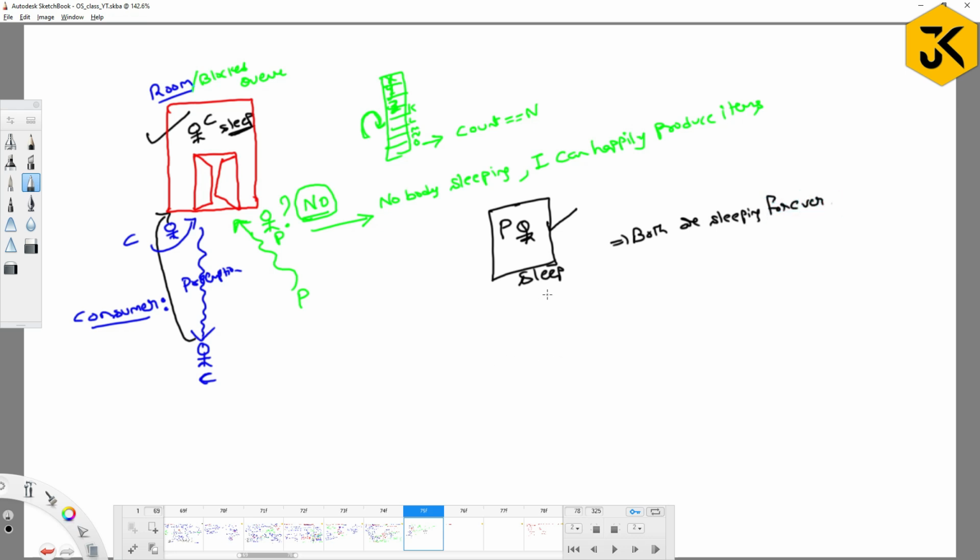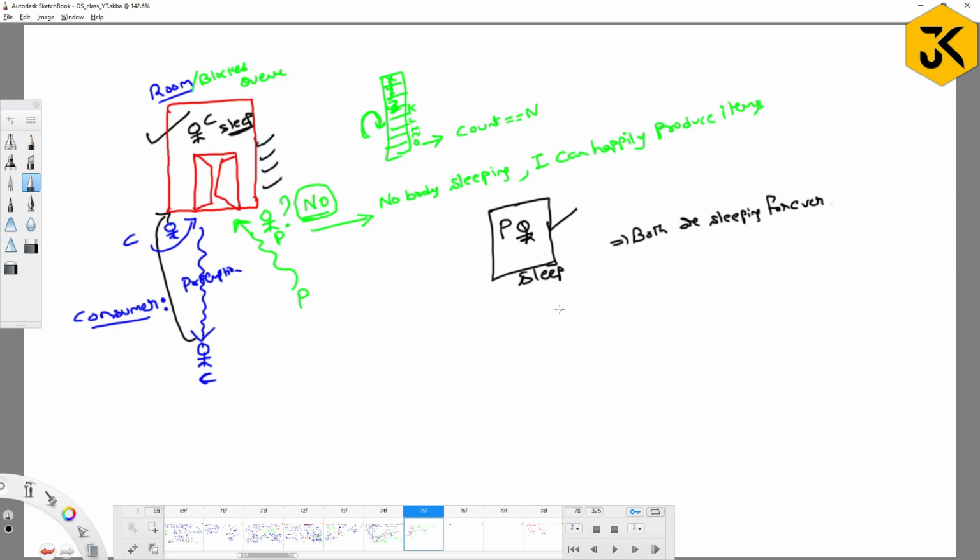Which means both are sleeping forever. So why are they sleeping forever? The consumer is thinking that I will get the wake up call from the producer so that I can wake up and consume as many items as possible.